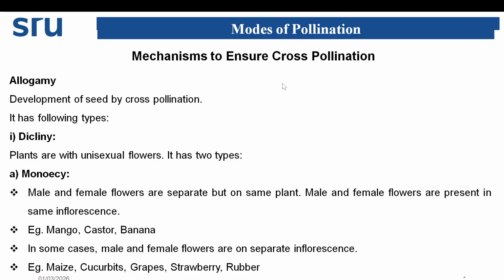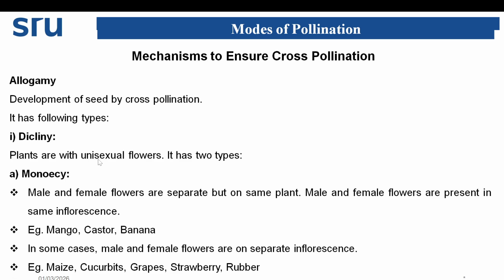Again, dicliny is of two types. First, monoicy. In monoicy, male and female flowers are separate but on the same plant. These male and female flowers are present in the same inflorescence, or sometimes on separate inflorescences but on the same plant.